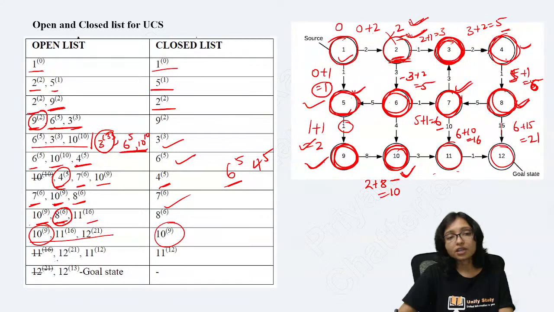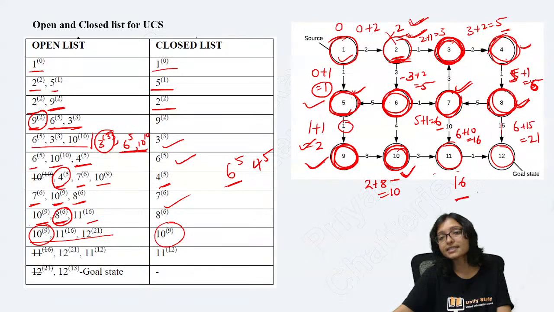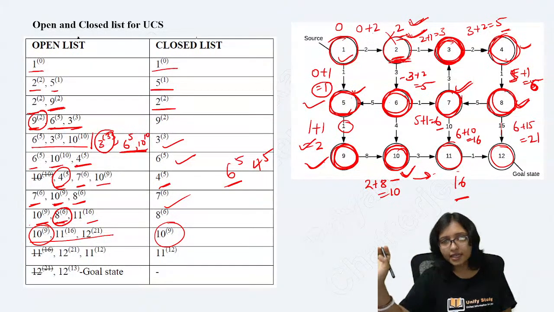Out of that 11, now you can update the value. See that previously it was 16. But via this path if you are going, then this will be updated now. Here is the updation, just like the Dijkstra algorithm. We learned the Dijkstra algorithm just like that.